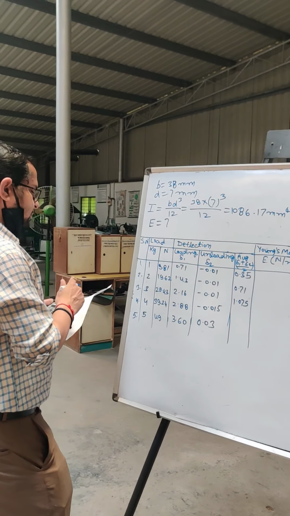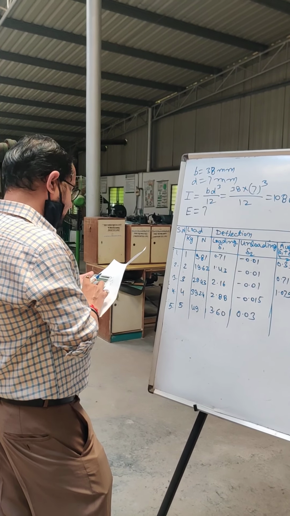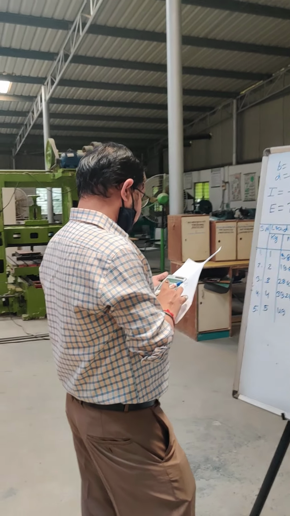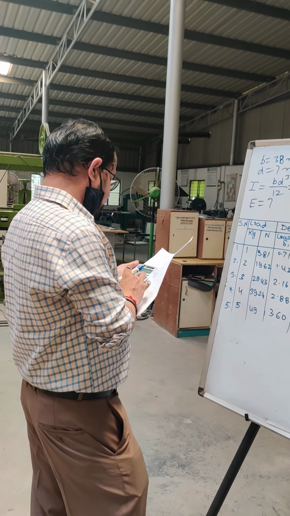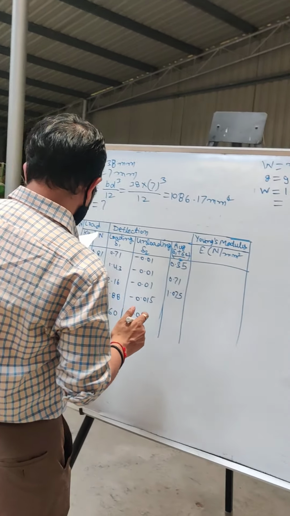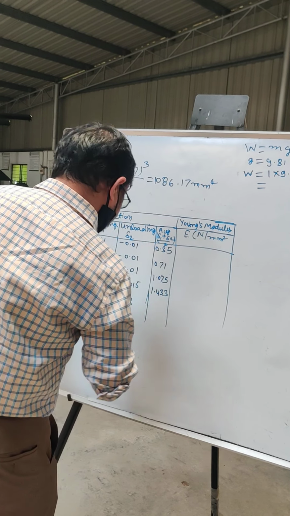Next, 2.88 minus the unloading reading, divided by 2, that is 1.433.